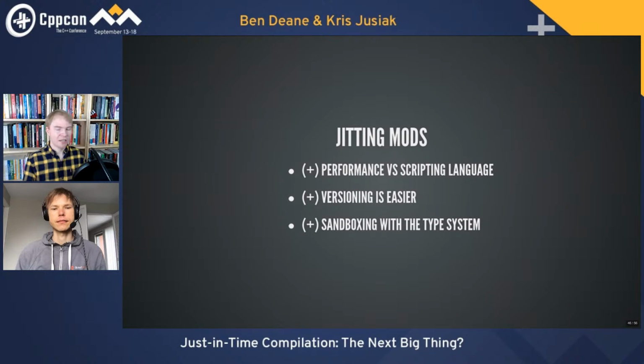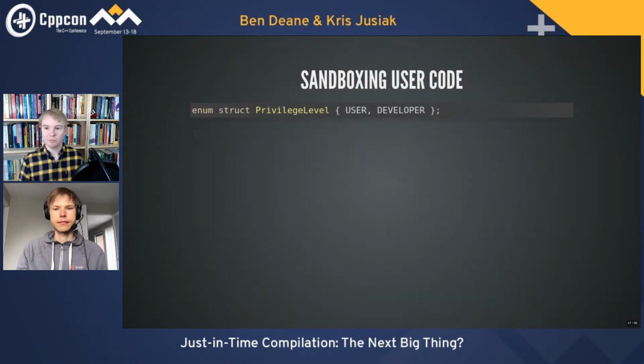Someone earlier asked about sandboxing. Like I say, ultimately, if we're asking users to run stuff on their machines, non-hardware supported sandboxing is very difficult at the language level, but we can do a certain amount of sandboxing with the type system. So here's one idea I had for doing that.